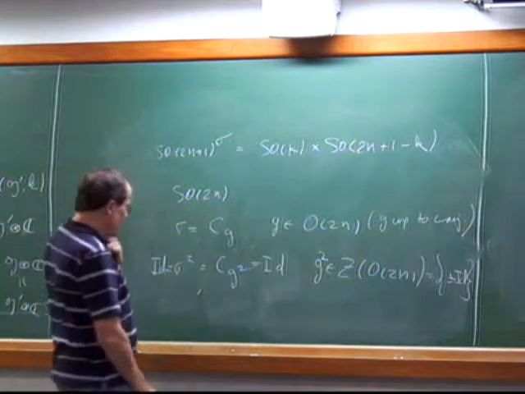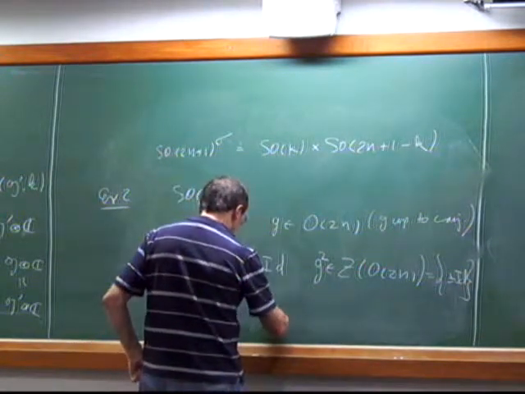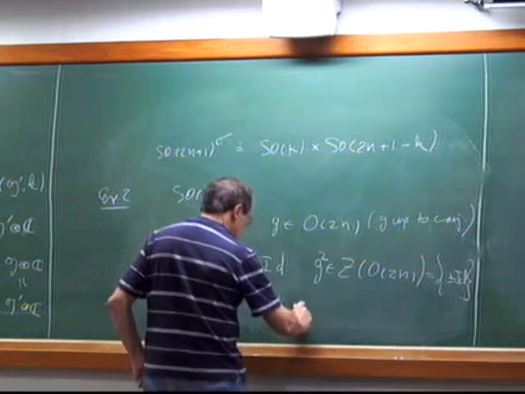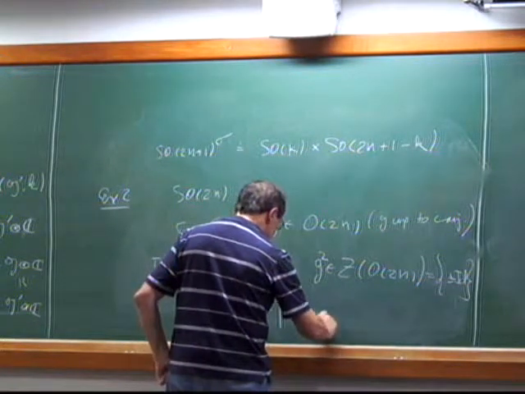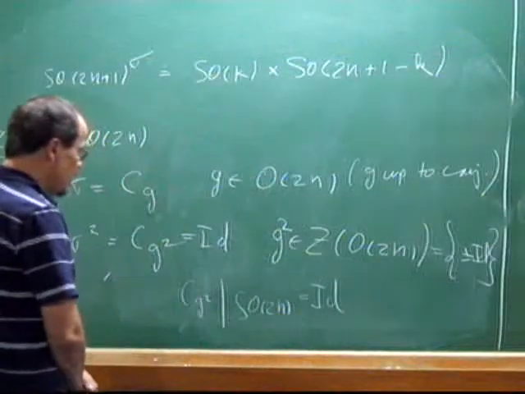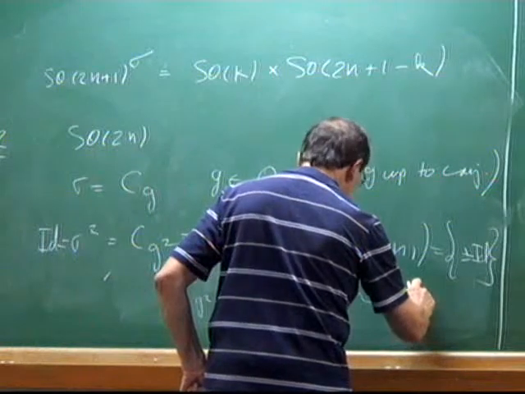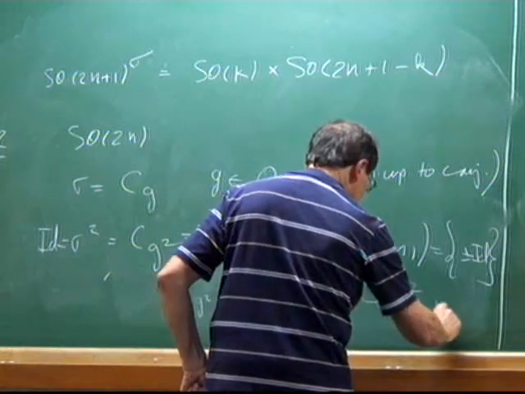Correct. So maybe I should say conjugation by G squared restricted to SO2n is identity. So does this imply that G squared is plus minus identity?